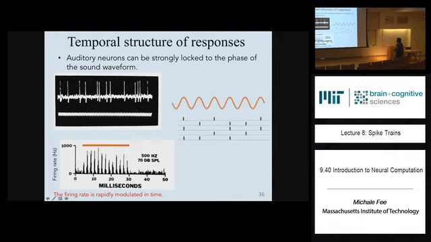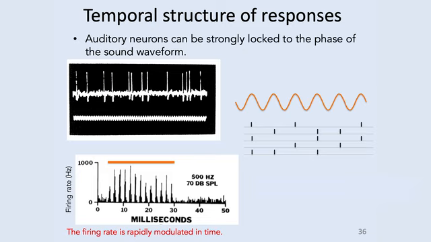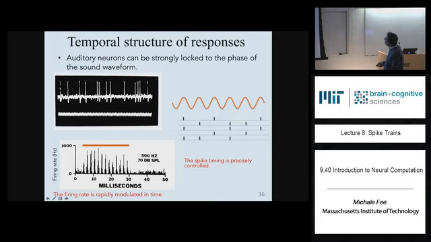You can see that at particular phases of this stimulus, the firing rate is very high, and then just a millisecond later, the firing rate is very low. So in this case, you can see that the spikes are locked temporally at particular phases of the stimulus. That's reflected when you make plots of firing rate as a function of time. It's reflected in very rapid modulations.